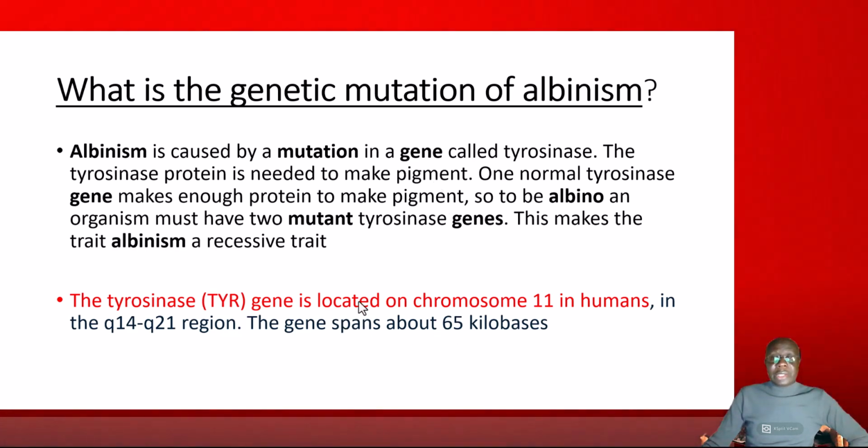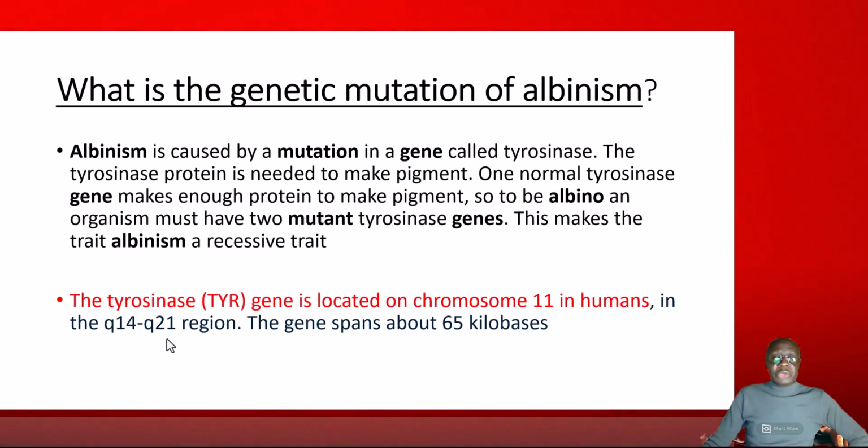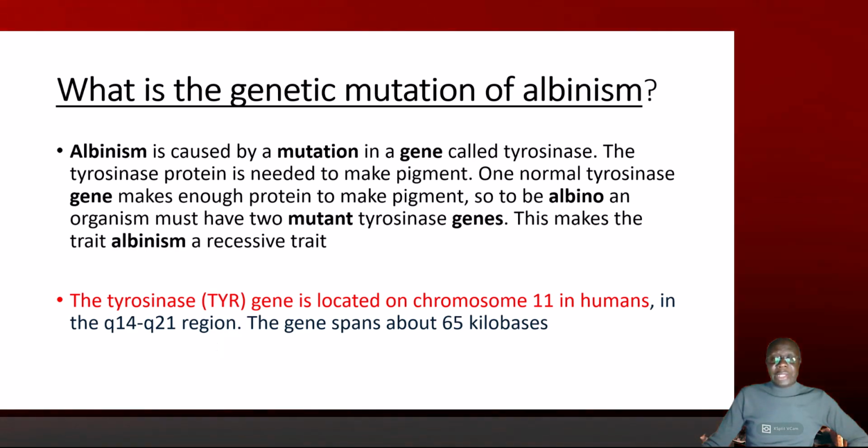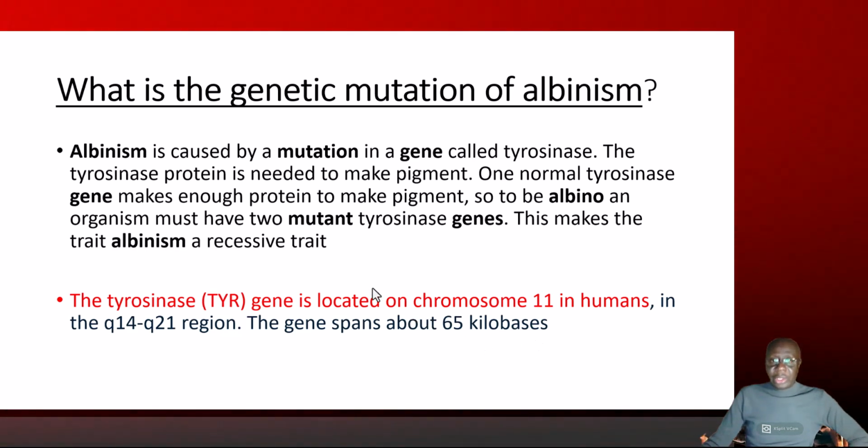It is located on chromosome number 11, in the q14 to q21 region, and that gene spans about 65 kilobases, 65,000 base pairs. If that region is corrupted, it cannot produce the pigment that your body needs, and you become a mutant albino. So you don't have the pigmentation that your body and your hair need to make you what you're supposed to be.